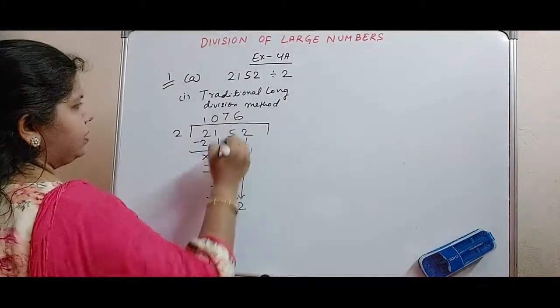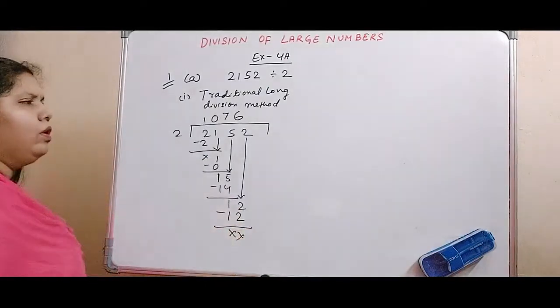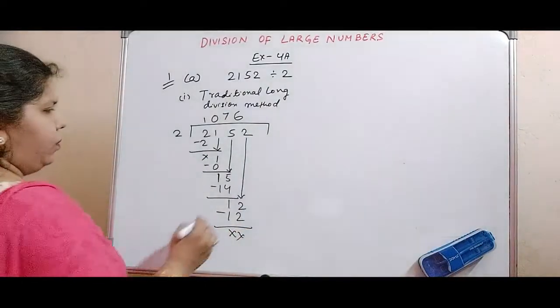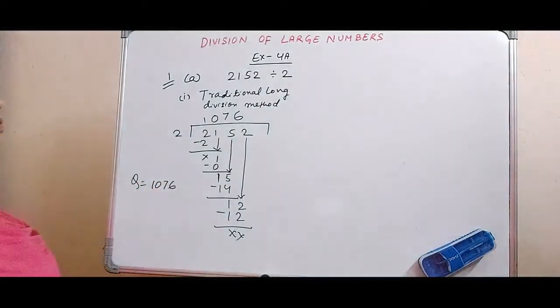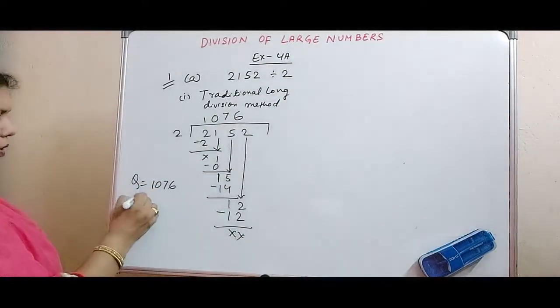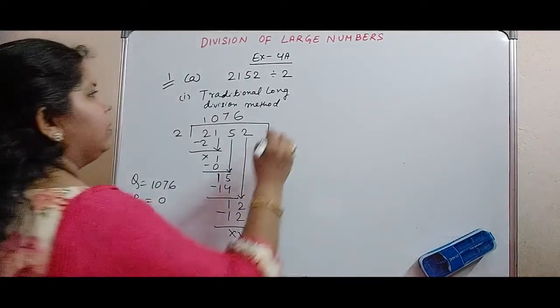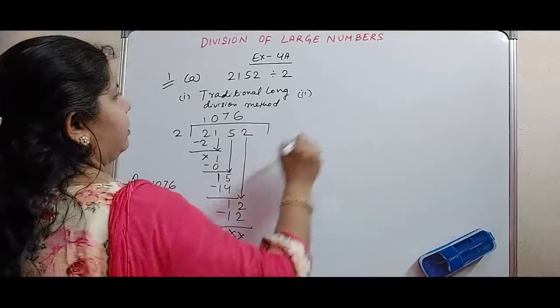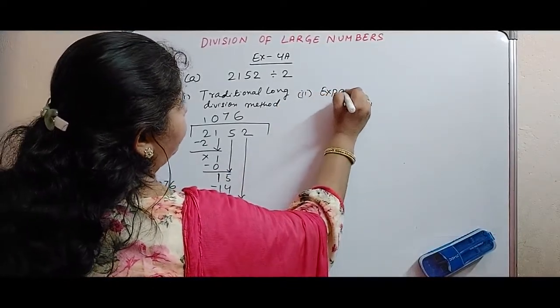So 2 sixes are 12, and you got no remainder. So quotient equals 1076 and remainder equals 0. Now when you go for the expanded long division method, how will you do it?